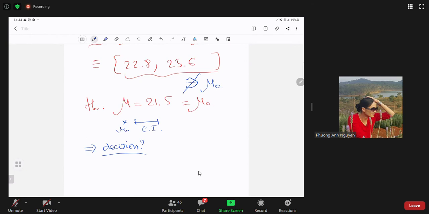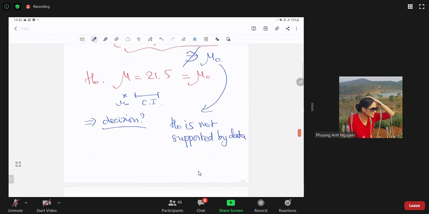You do not reject if this interval includes mu zero. Two cases only. In this case, it doesn't include mu zero, so you can say that H0 is not supported by the data, or the sample. So in this case, I reject H0.